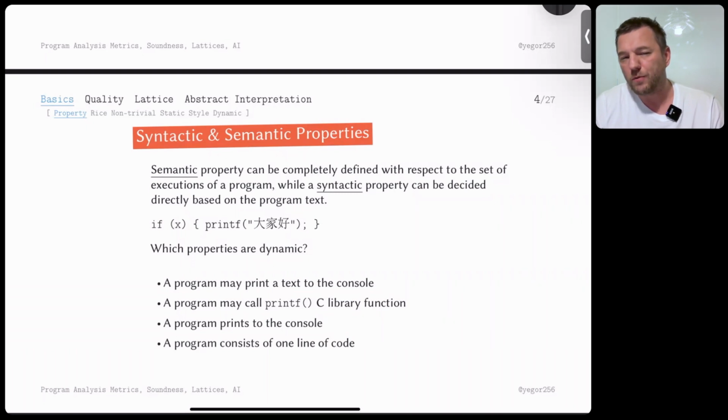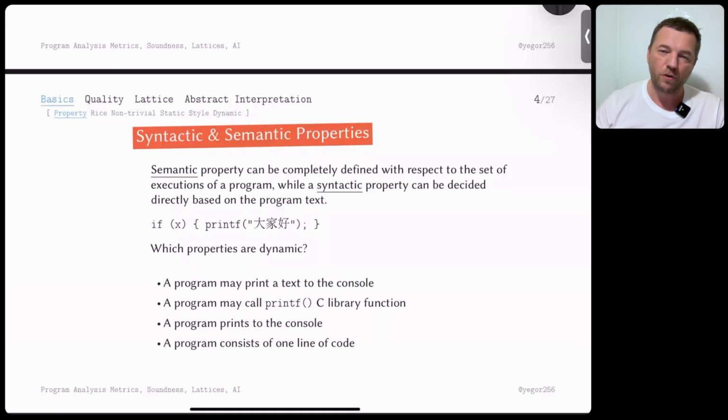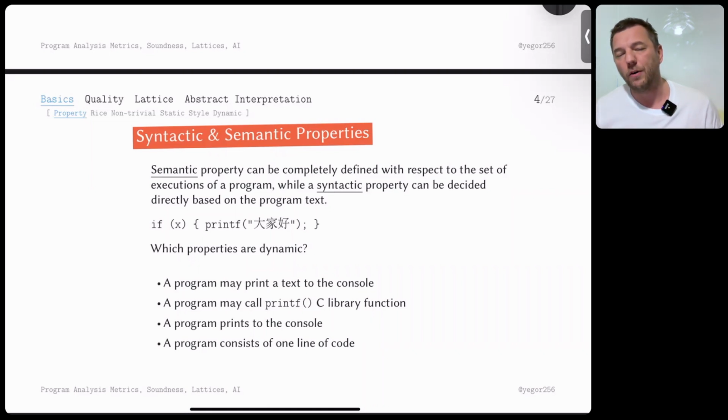If we look at the program, then this property is called a syntactic property. So we just observe the text of it and decide whether the program has a certain property. It doesn't mean that the program evaluates to some result, or that the program works a certain way. It could be different properties, something we can tell about the program.